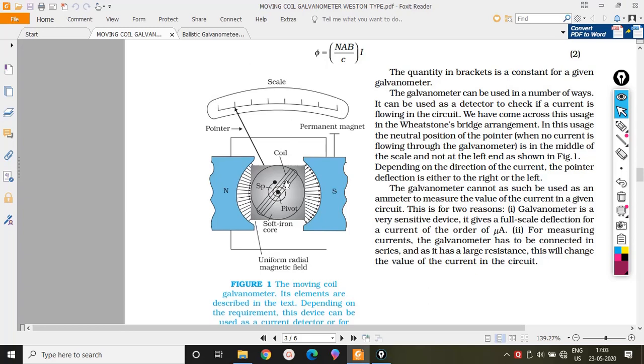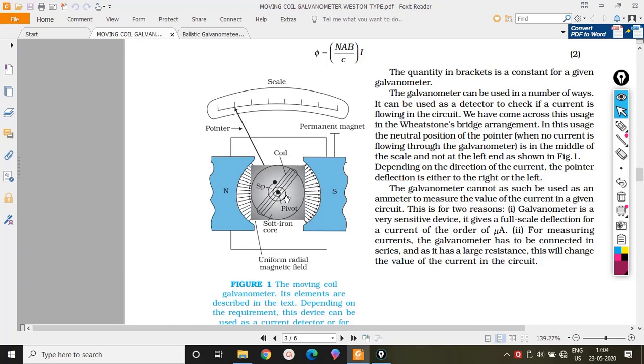That frame will be as per necessity. Generally this will be an aluminium frame, maybe in a Weston type galvanometer, and the other end of the coil will be connected to a hairspring, and the hairspring is again connected to a pointer.